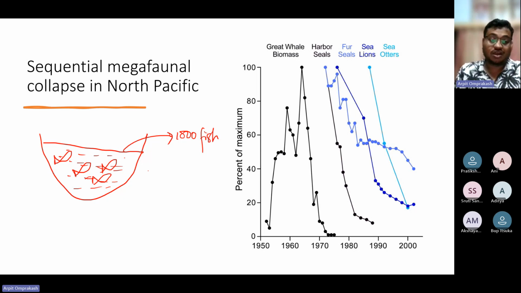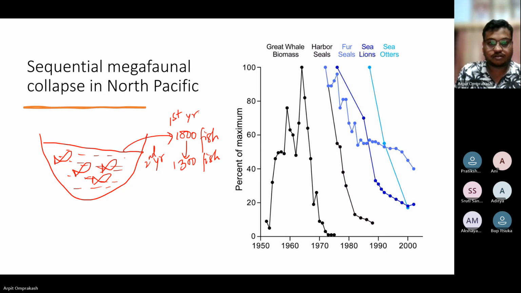Let's say this pond has 1,000 fish in total. By next year, they can reproduce to produce, let's say, 1,300 fishes. So this is the first year and this is the second year. Without any disturbance, if you let these 1,000 fishes be there, they'll produce 1,300 fishes.